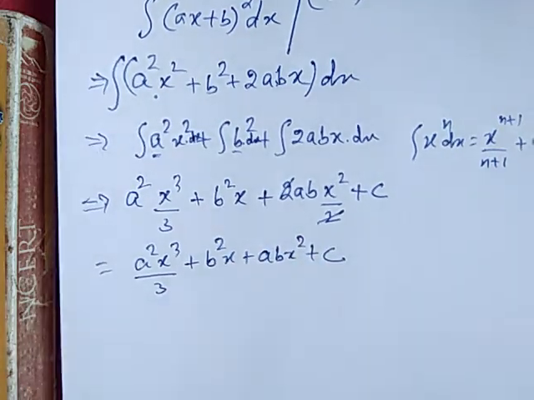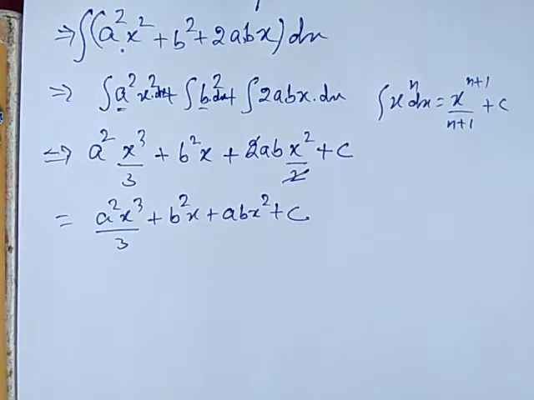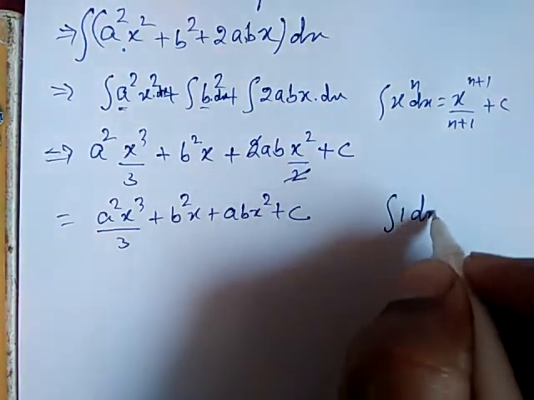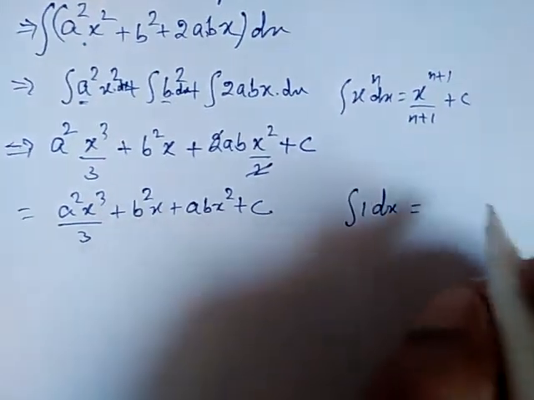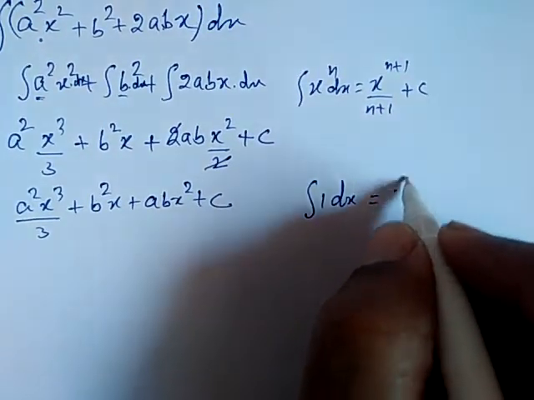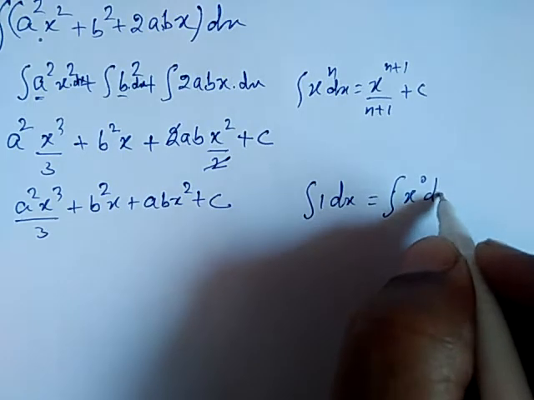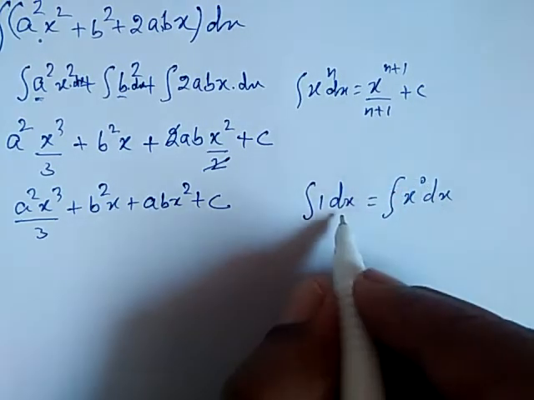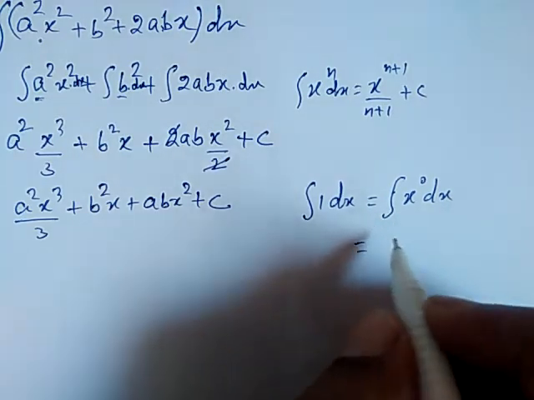If you want, you can have the proof also. Integration of 1 dx can be written as the integration of x to the power of 0 dx, because any number to the power 0 is 1, you know. So please go through that. Very simple.